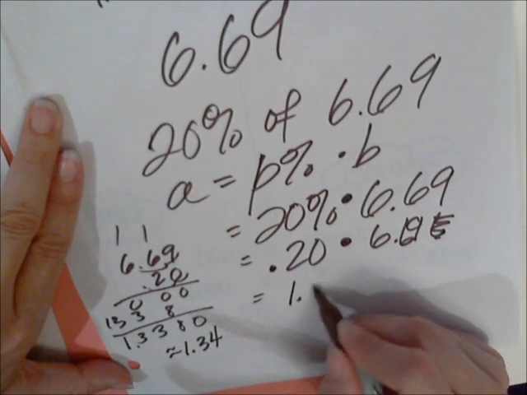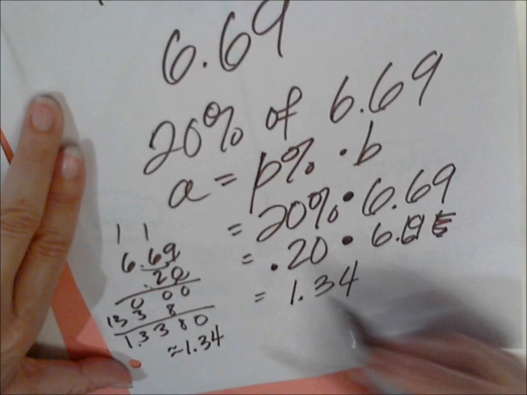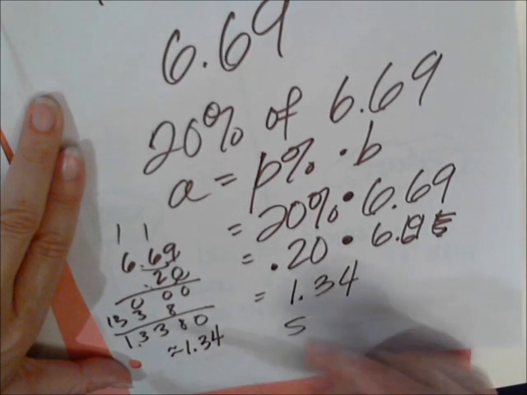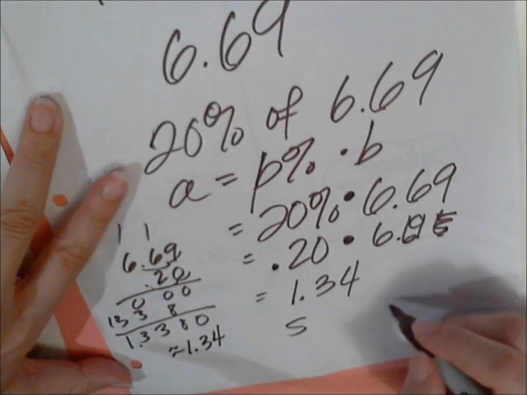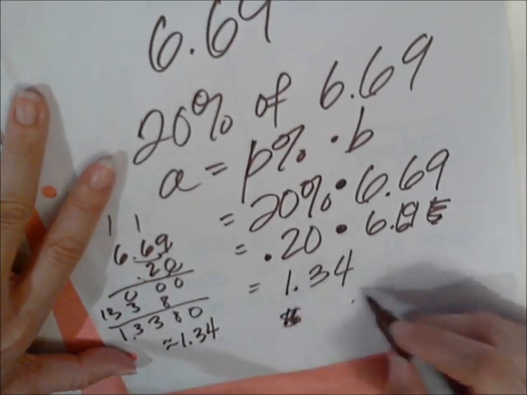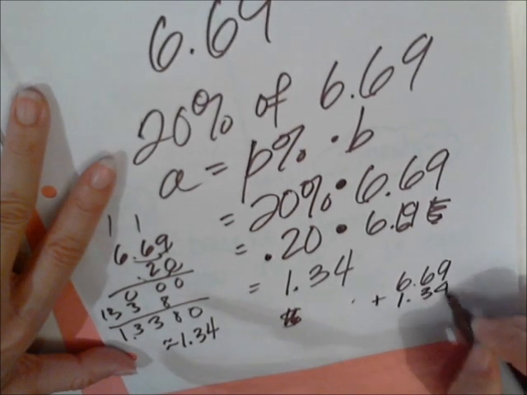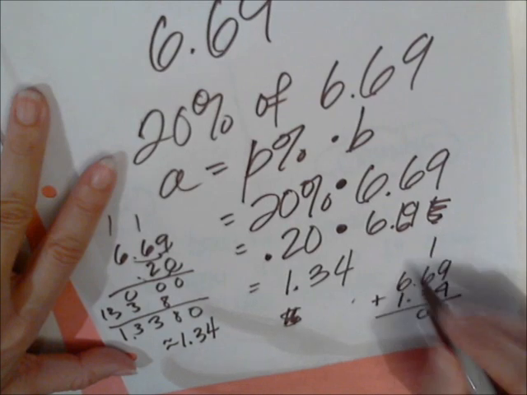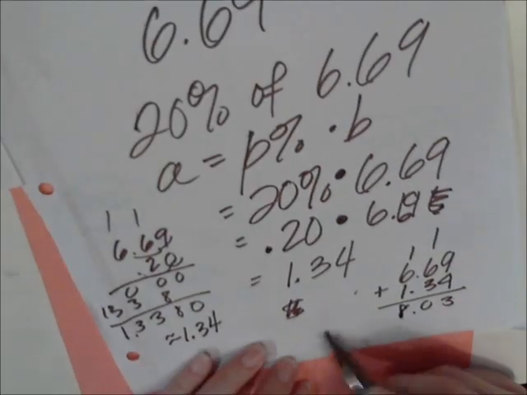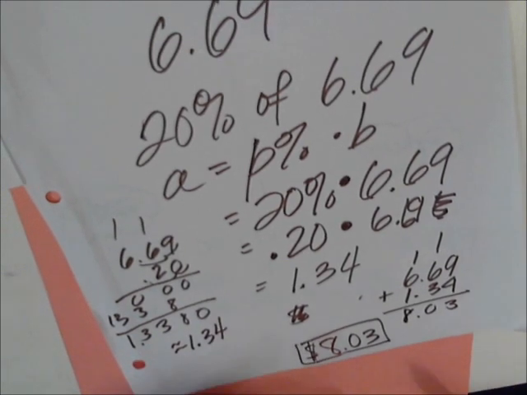So it's $1.34 for a tip. I actually would probably just round that up to $1.50 because it's easier. But the total for the meal plus tip, I have to add $6.69 plus $1.34, $8.03. So that's pretty good for a yummy lunch.